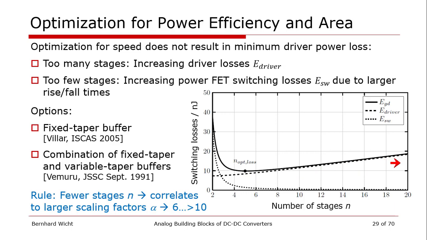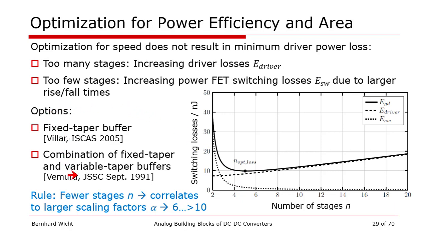If we have too few stages, then we do not have the right driving capability, and our loss triangle for the switching losses increases. So again, our losses go up. And there's an optimum somewhere in the center, in this example for 5 stages, which also was investigated in a couple of papers.